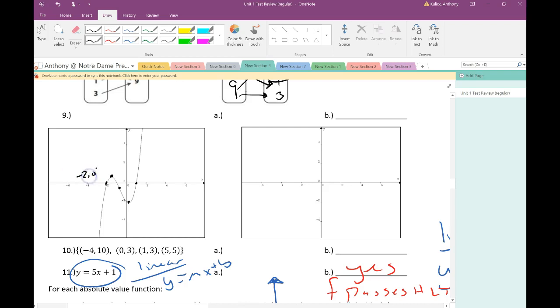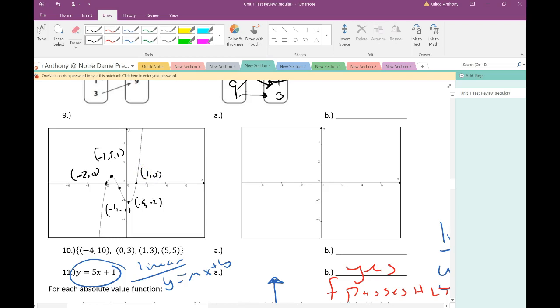So I have the points -2, 0, then -1.5, 1, and then I have -1, -1, and then 0.5, -2, and then I have 1, 0, right?